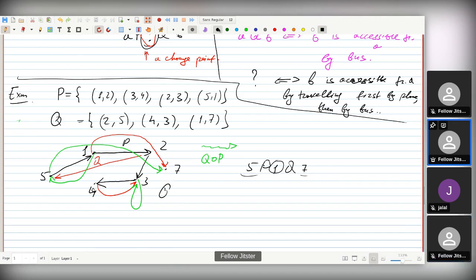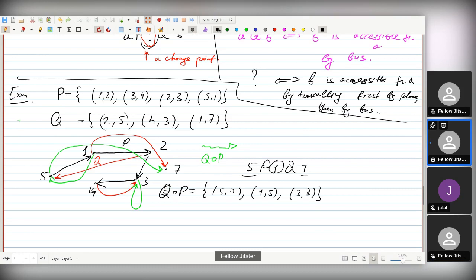So now we see that the composition is just what? (5,7). What else? (1,5). And (3,3). Is this idea clear? Yes.